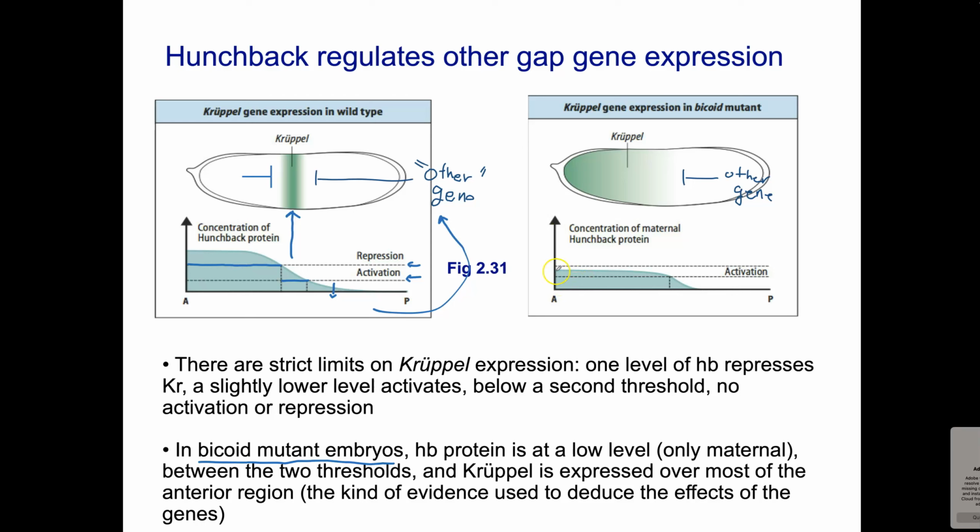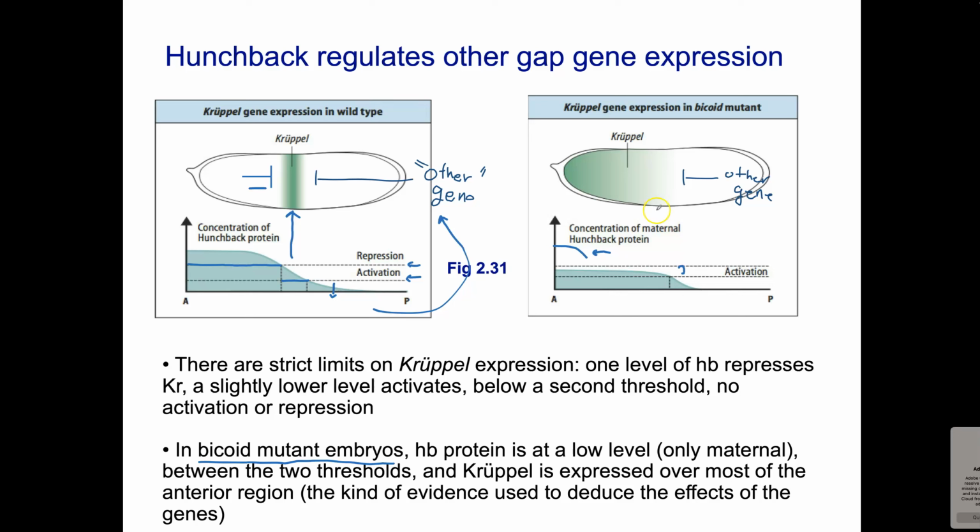So what happens is across the whole length of the embryo, the anterior half, it's all in this region. You never have enough to be above here and act as a repressor. So you've lost this repression of Kruppel expression, and that means the Kruppel expression is expanded towards the anterior. The other gene or genes that are limiting the posterior end, those are still functioning.